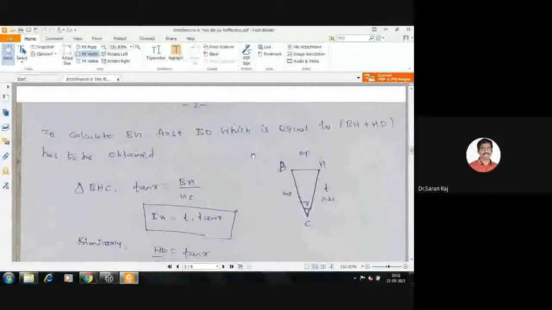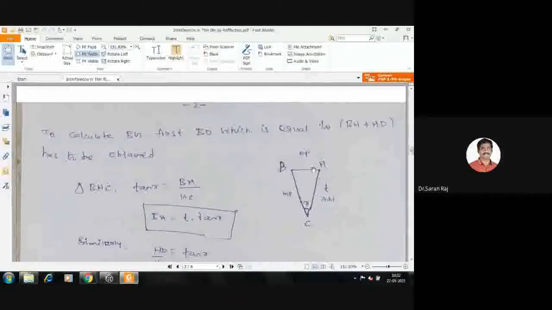Sin theta is opposite divided by hypotenuse, but the hypotenuse value is also unknown, so that is not possible. We want only this value, so the sin theta formula is not possible.